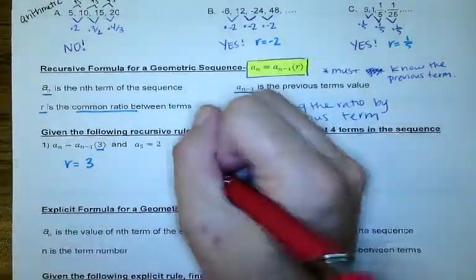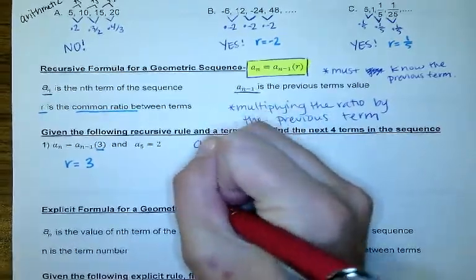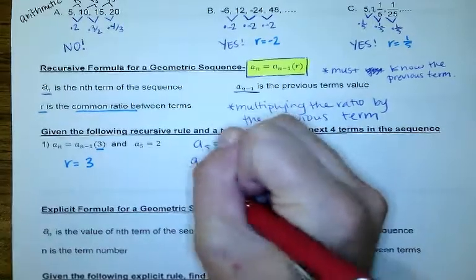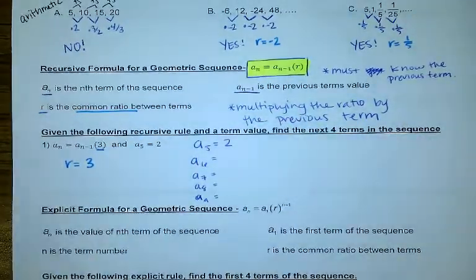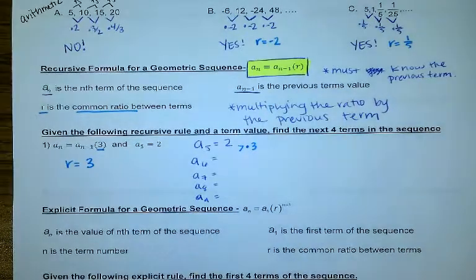Well, guys, we want to find a sub 6, a sub 7, a sub 8, and a sub 9. Sorry, I got a little tiny there. I started running out of room. Well, guys, what are we going to do each time? Multiply by 3. So 2 times 3 is 6. There we go.